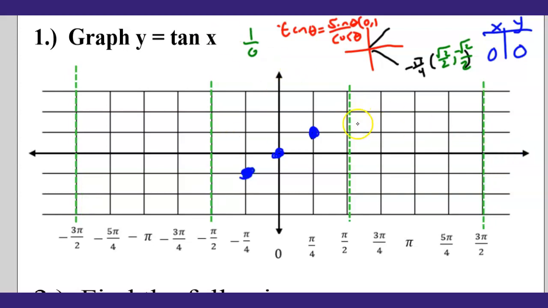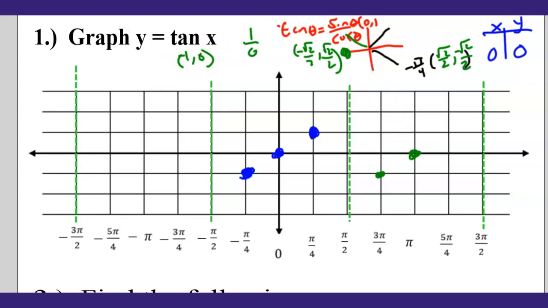So now, if I were to find a point at 3 pi over 4, which is right there, you'd see that that point was negative radical 2 over 2, positive radical 2 over 2. And if you found tangent, it would be sine over cosine, that would be negative 1. And then at pi, right here, you have the point negative 1, 0, which is 0 over negative 1, therefore it's 0.